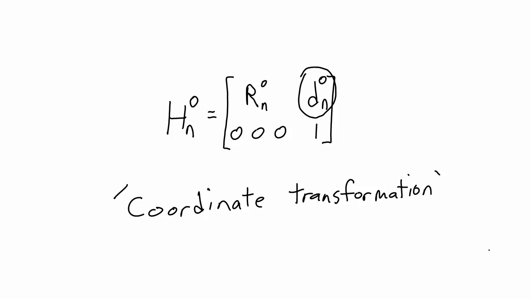We can do this by simply multiplying the homogeneous transformation matrix by a point x, y, z with a 1 at the bottom, telling us the location of an object in the end effector frame that the robot is holding.